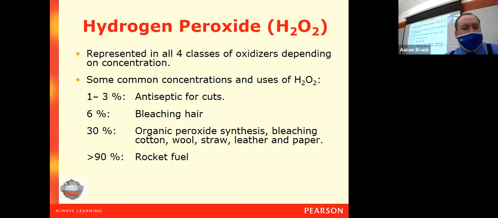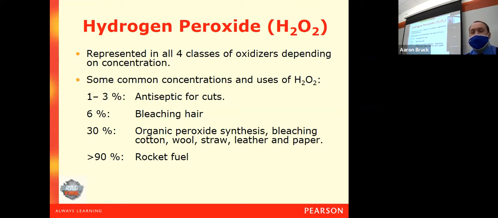At the 6% level, you can see this as a bleaching agent for hair. At the 30% level, you can see it as a bleaching agent for consumer goods. Things like cotton, wool, leather, paper.